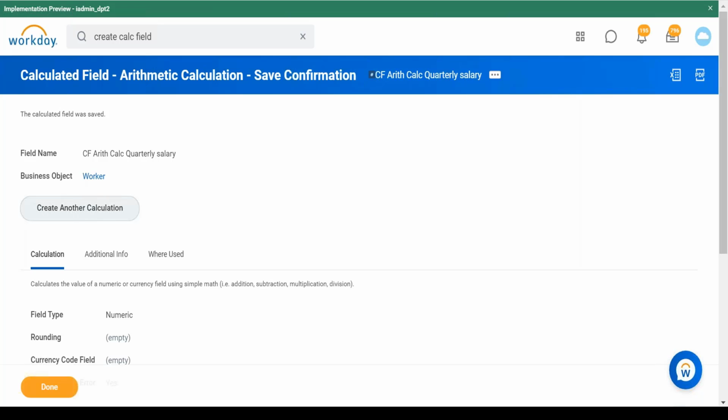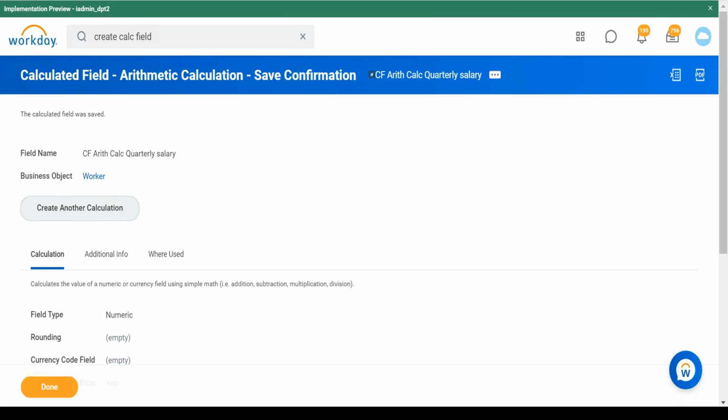Suppose I want to count how many workers are sitting in a supervisory organization and they are of type contractor or contingent workers. So basically, I have to calculate the number of contingent workers sitting in a supervisory org.